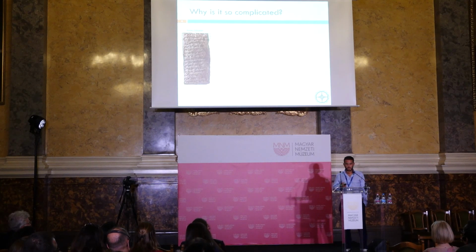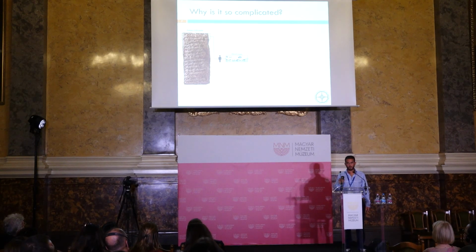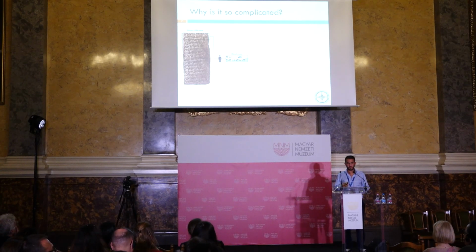Okay, so let's talk a bit more in detail about how translating Akkadian looks. So this is a digital picture of an Akkadian tablet. And the first step of translating it is using a hand copy and recognizing the cuneiform signs and giving them some digital representation, like using Unicode, for example, in the computer.